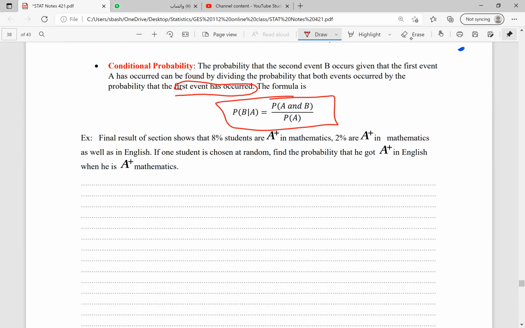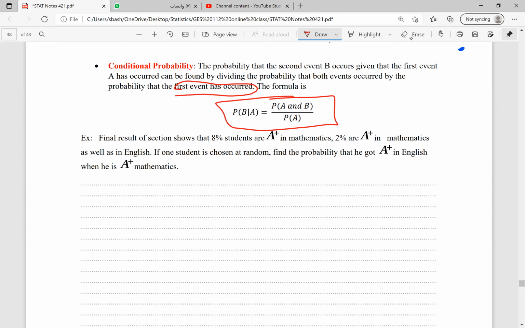Let me explain this in detail by the following example. The final result of a section shows that 80% of students are A plus in mathematics, 2% are A plus in mathematics as well as in English.